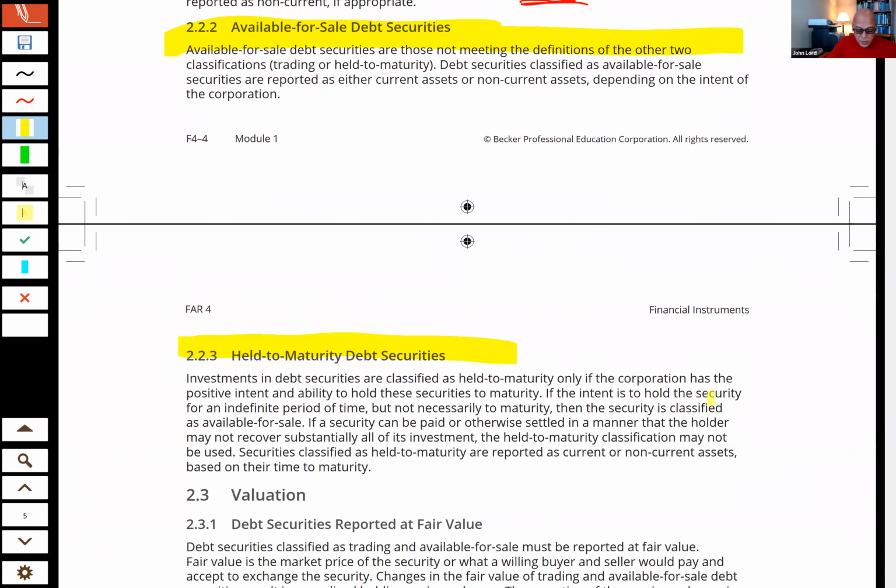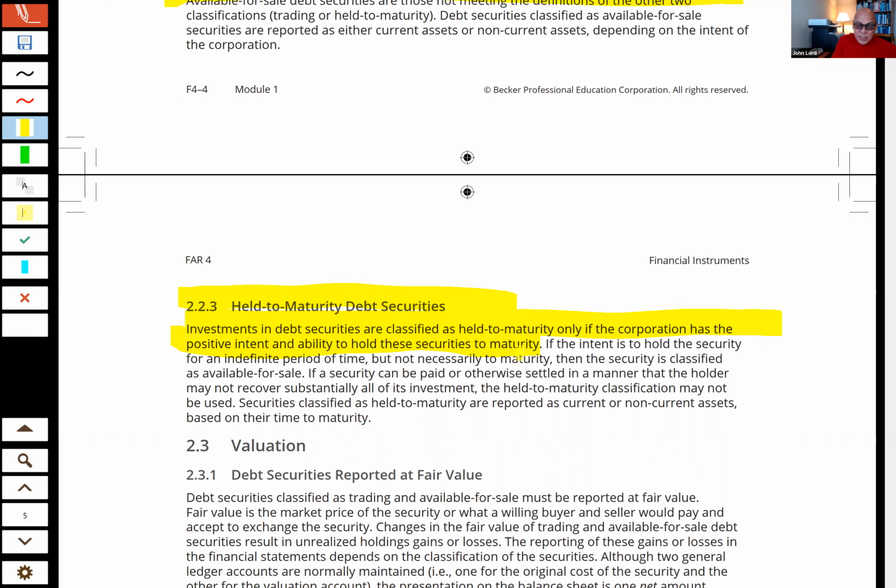This gets interesting when we start studying for the auditing exam, because of how you audit management's intent. We're going to make them put it in writing to us, in something called a management representation letter. Their intent is to hold that to maturity.